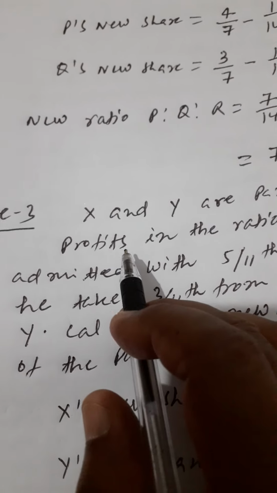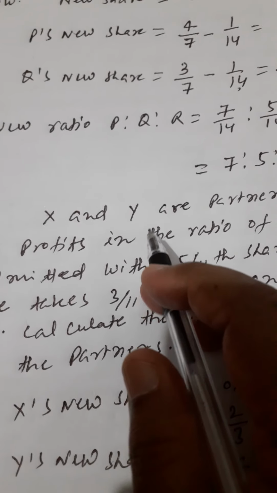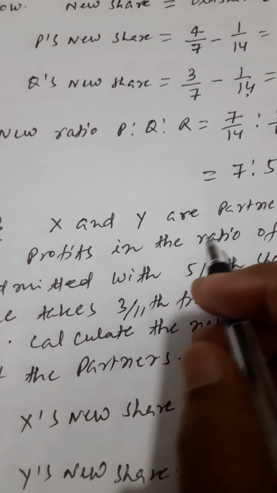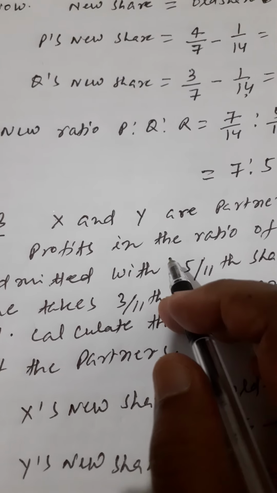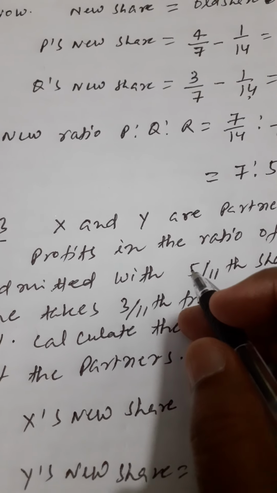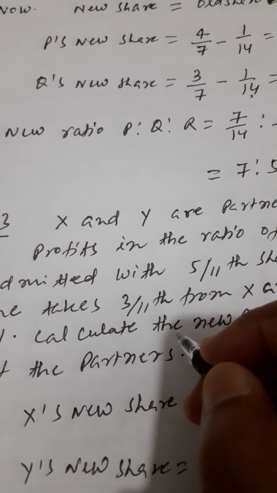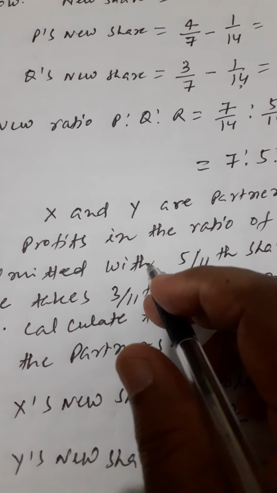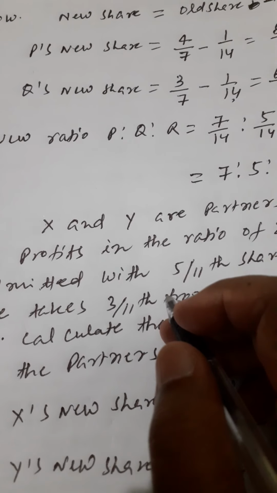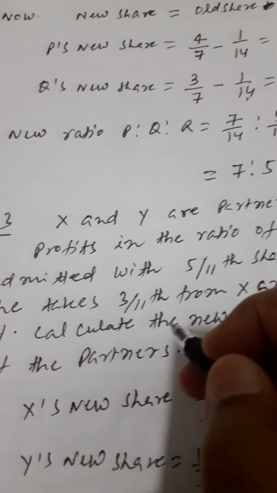Before discussing, I want to say that this type of question is very important, and every year this type of question is asked in the CBSE board examination, and this is a numerical question. If you calculate and answer this numerical question correctly, you get full marks.